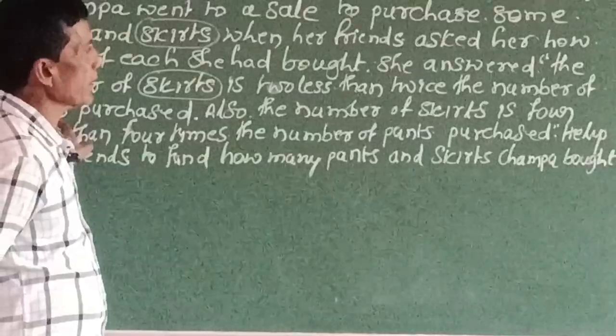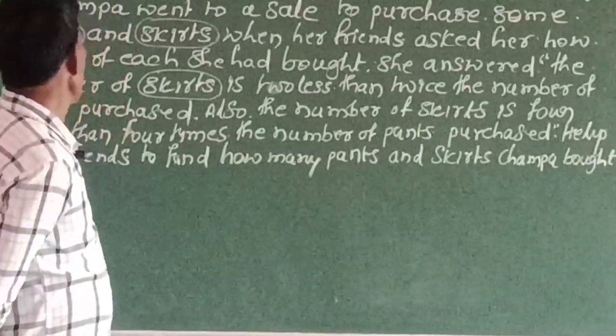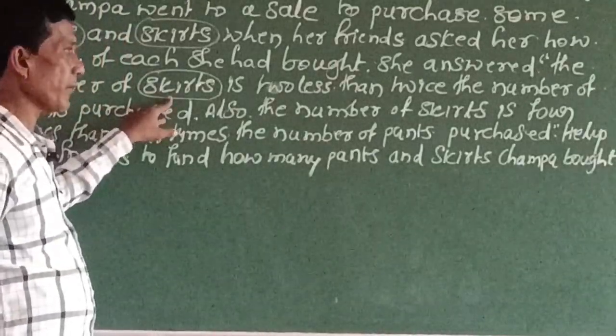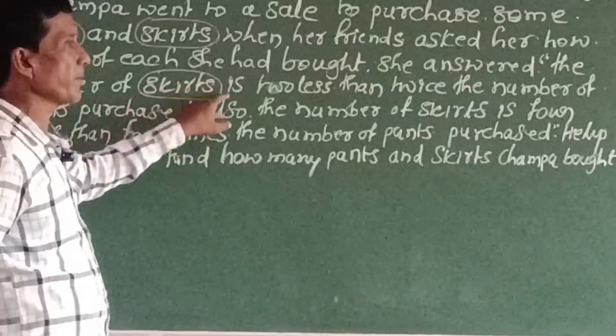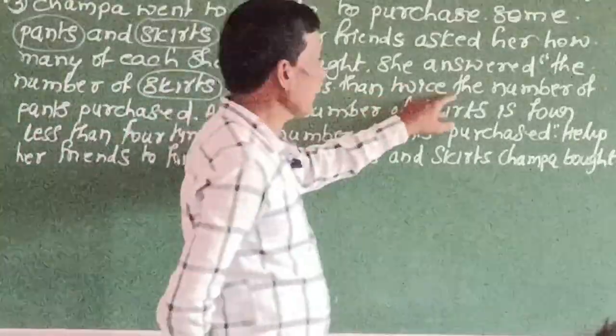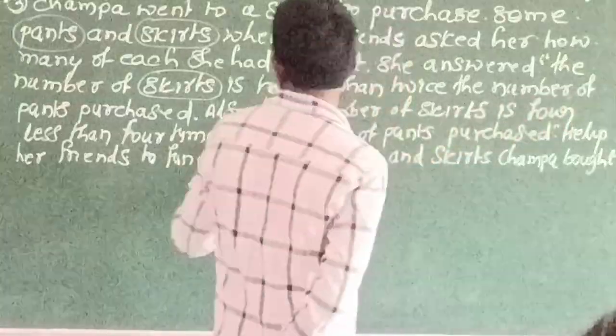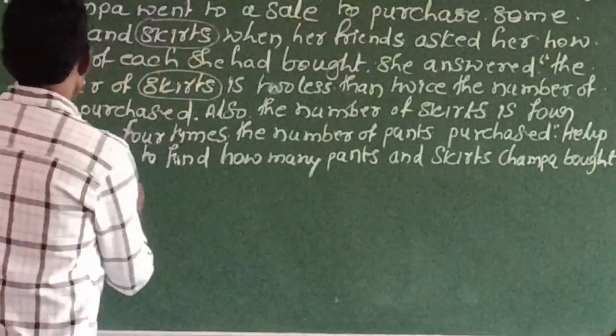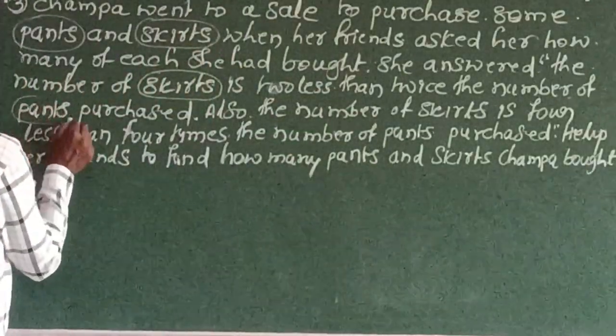Once again, the number of skirts purchased is 2 less than twice the number of pants. So that is point 1.